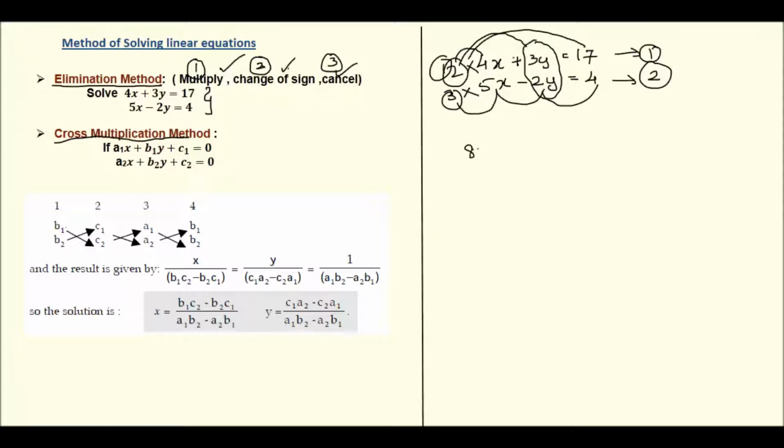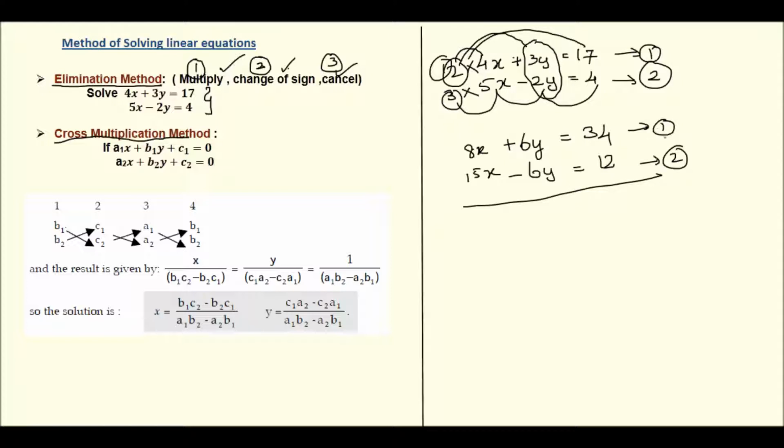Now 8x plus 6y is equal to 34. This is the first equation. Now 15x minus 6y equal to 12. This is equation number 2.